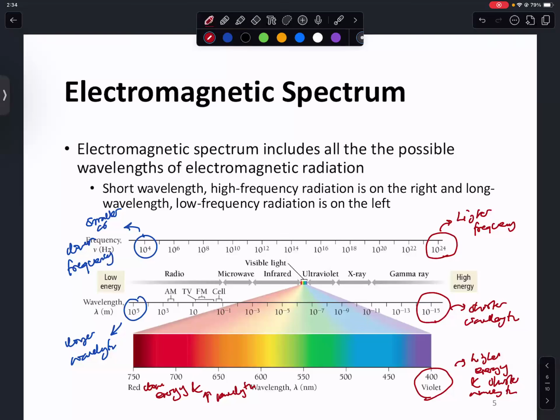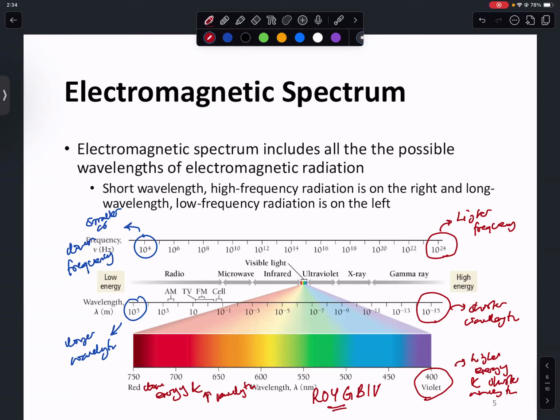And the range of colors in the visible range are red, orange, yellow, green, blue, indigo, and violet. So it spells ROY G. BIV.